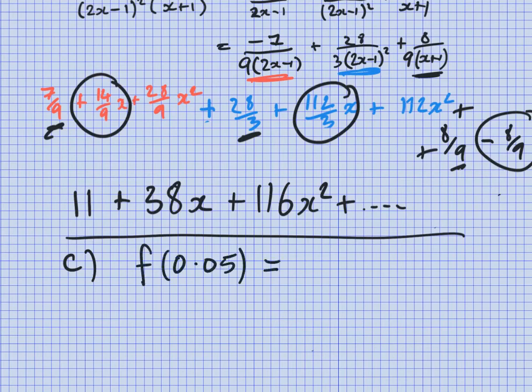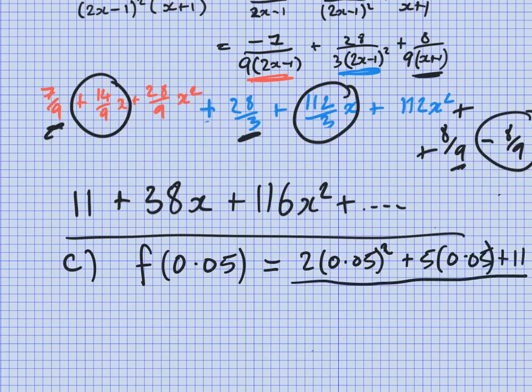do that on the calculator, that's going to be 2 times 0.05 squared plus 5 times 0.05 plus 11 all over 2 times 0.05 minus 1 squared, and then 0.05 plus 1.